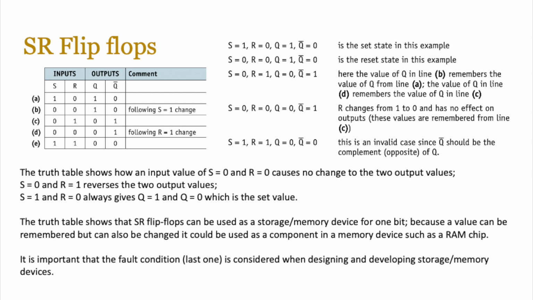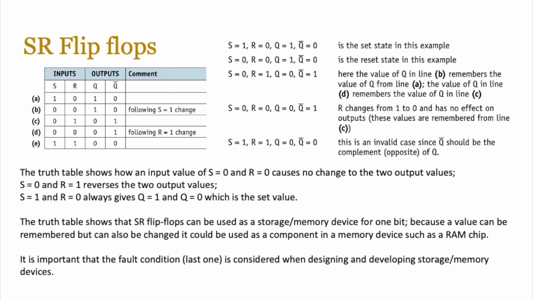However, S equals 0 and R equals 1 reverses the two output values. S equals 1 and R equals 0 always give Q equals 1 and not Q equals 0, which is basically the set value. So depending on the combination, we can reverse the output. For example, if we wanted to store something, we set it, and when we want to clear it, we reset it.